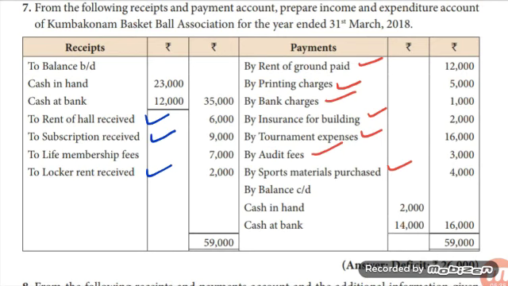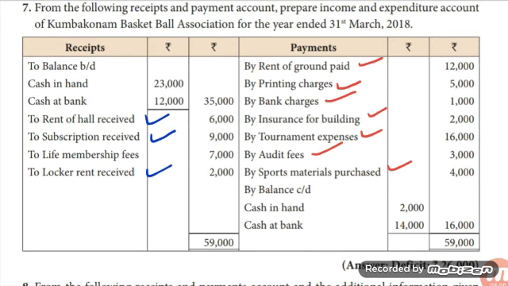From the following receipts and payment account, prepare income and expenditure account of Kumbakonam Basketball Association for the year ended 31st March 2018. Receipts and payments account is given in the question. You are required to prepare income and expenditure account.